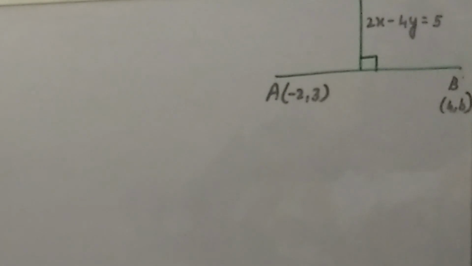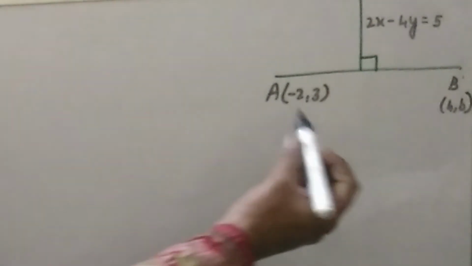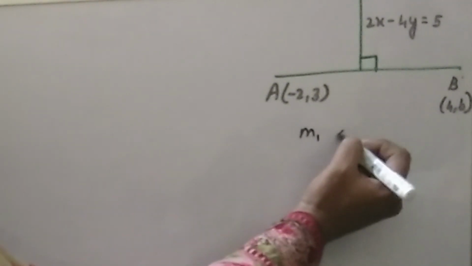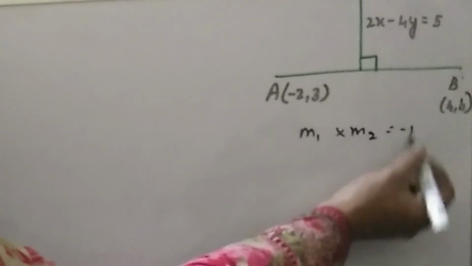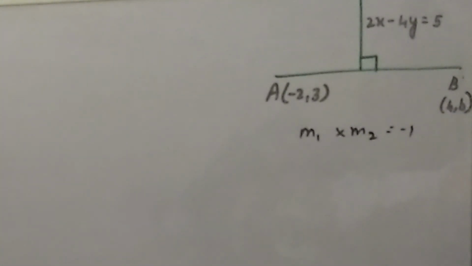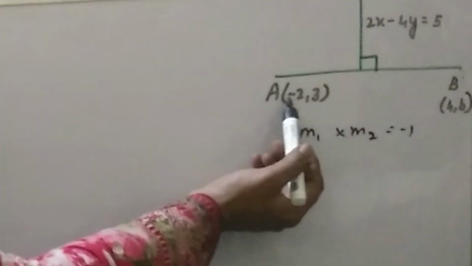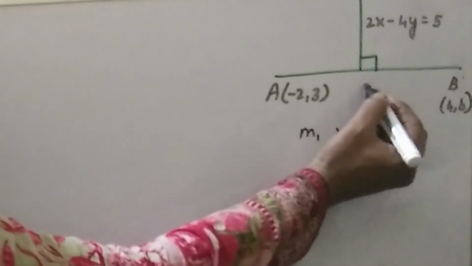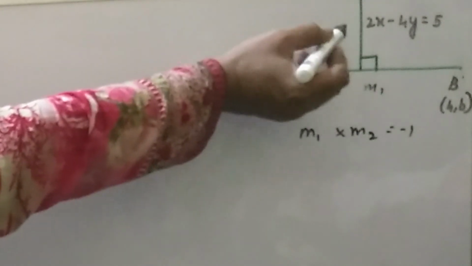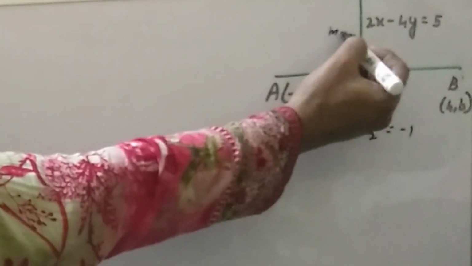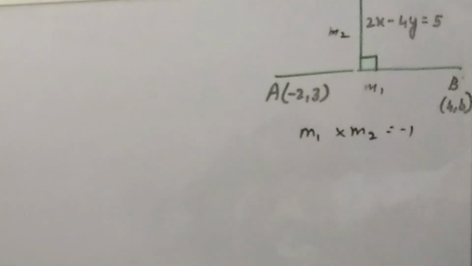What is the condition given? Perpendicular. So, at once you will write m1 into m2 is equal to minus 1. Now, take the slope of AB as m1 and the perpendicular line as m2.